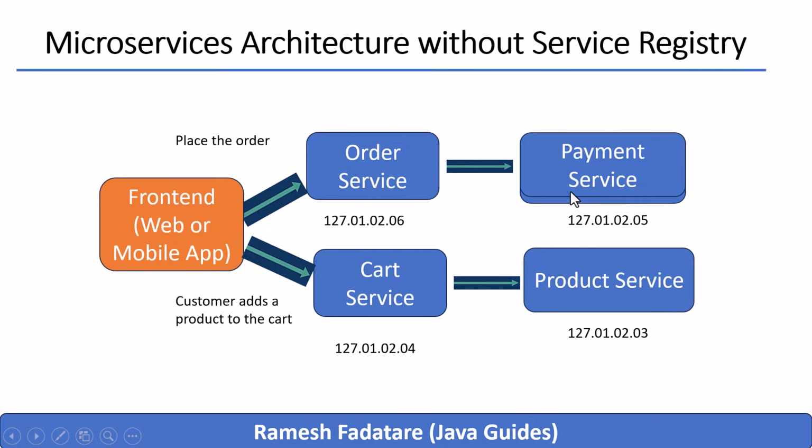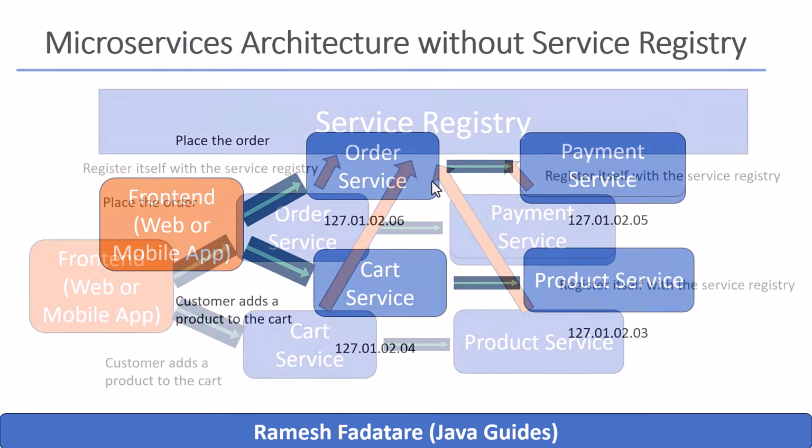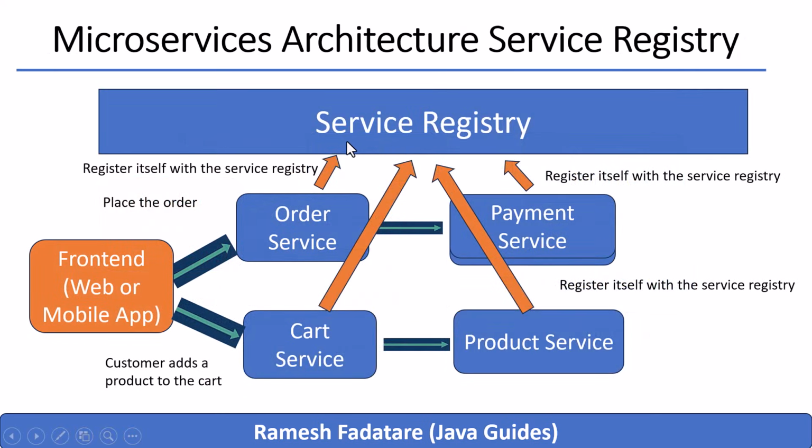So here's how service discovery works and solves the problem. Every time a service starts up, let's say the payment service, it registers itself with a central system called a service registry. Think of the registry like a directory. It keeps track of which services are online, where they are, and what names they go by.